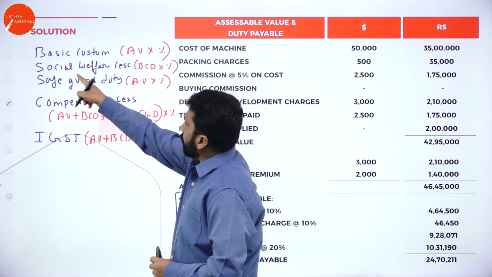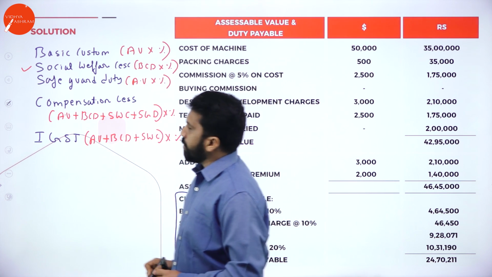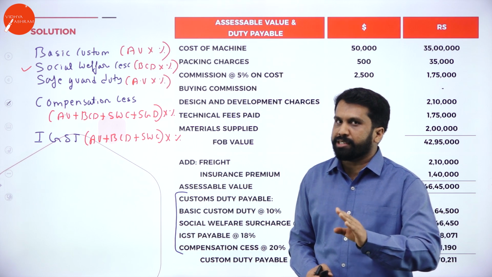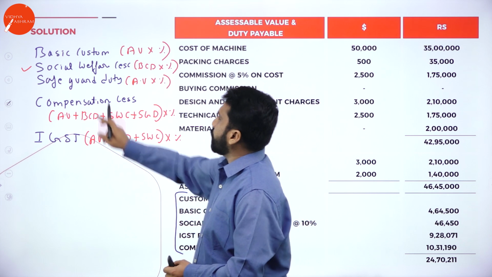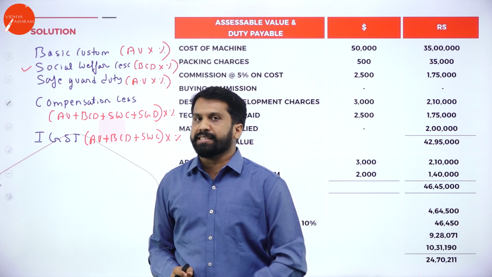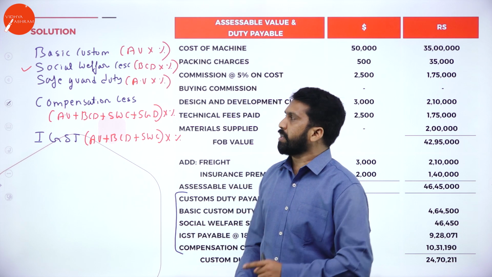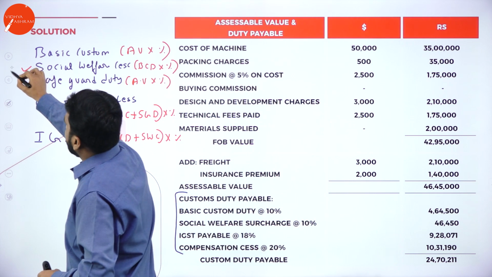Now, what about social welfare cess? Earlier you had education cess. Now we don't have education cess. Instead of education cess, we have social welfare cess. Even if it is not given in the question paper, it is compulsory.